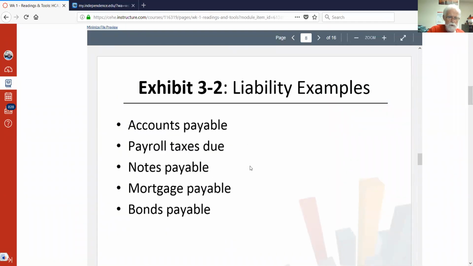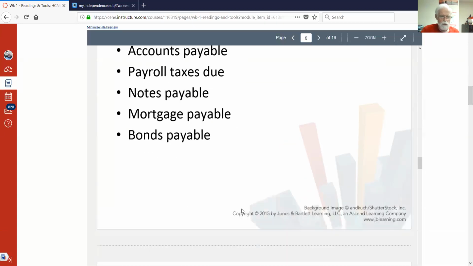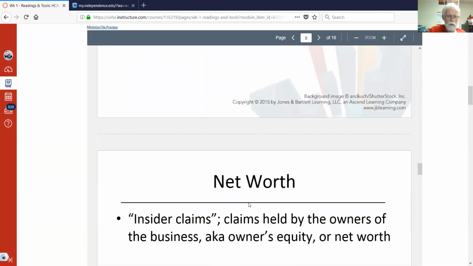You may have bonds. It's not unusual for hospital systems to use bonds as a financing method. Bonds are issued, the money comes in, and then we pay them just like a debt.